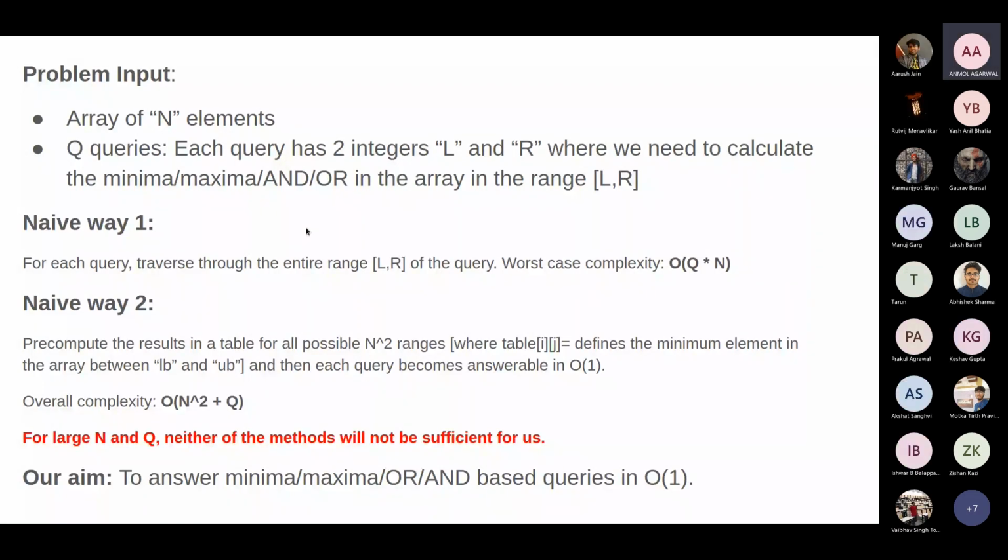Okay, cool. So the first basic naive way would be, let's say we need to calculate the, so throughout this tutorial, let's just keep our focus on the minima, and making relevant changes for maxima and the or operator is relatively simple. So let's say that we need to calculate the minima in the range L to R. Now the size of this range can be at max n because the array has n elements.